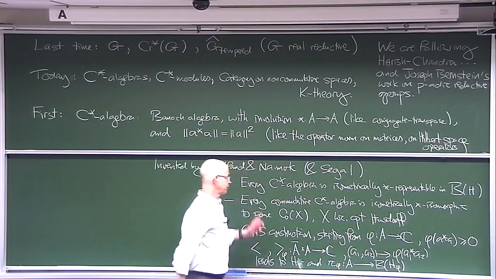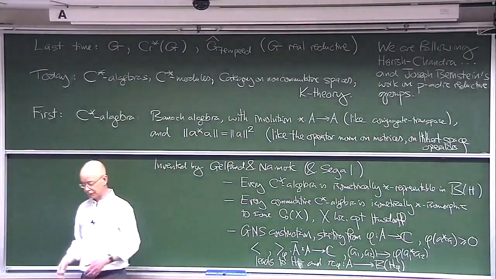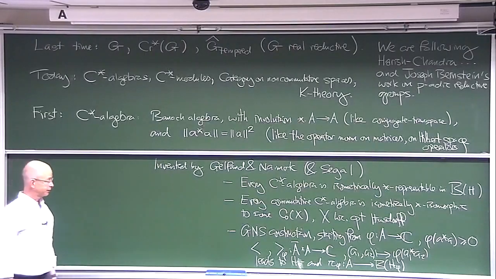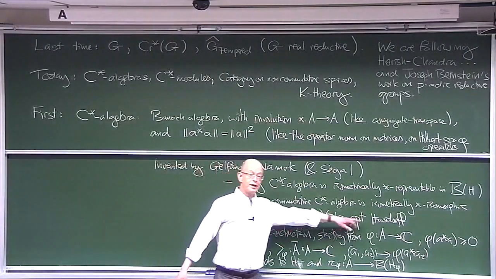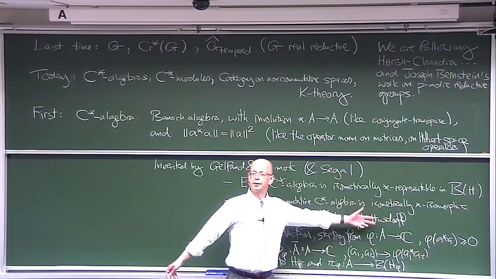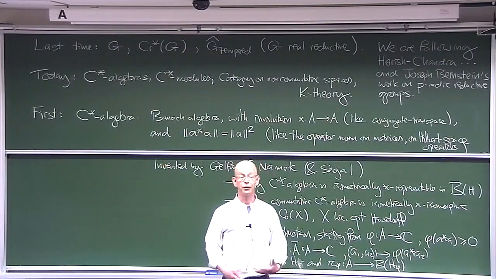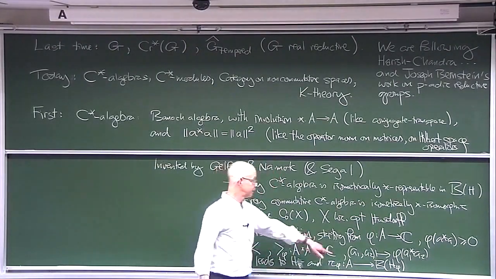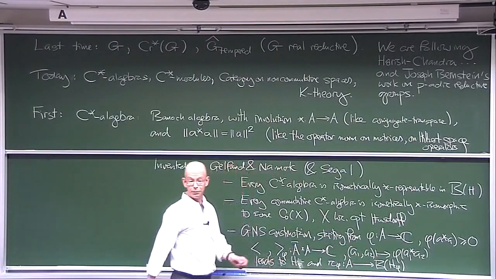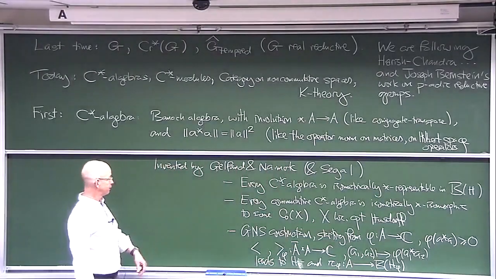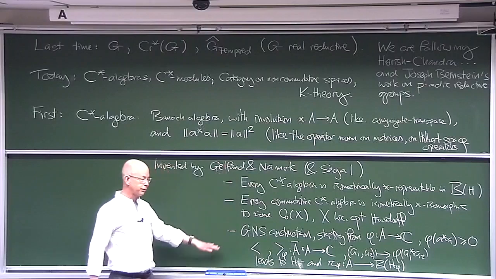And so you get from every state a representation. So it's a little bit interesting that the world of states, which is connected to Banach space theory, connected to the Hahn-Banach theorem, and so on, is related to the world of representations through this simple construction. If you have C-star algebras, then this is the general story.